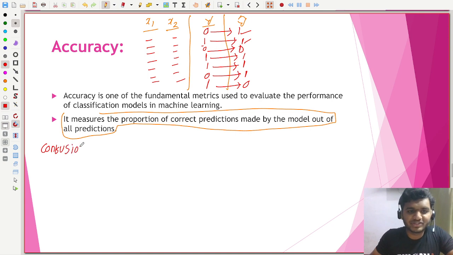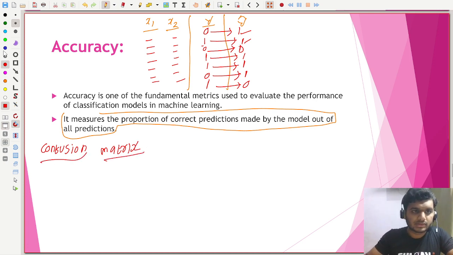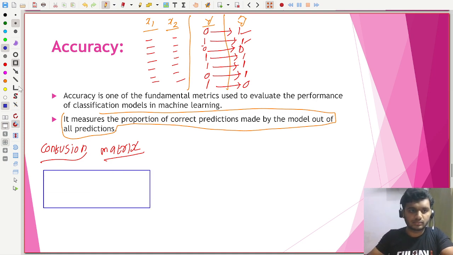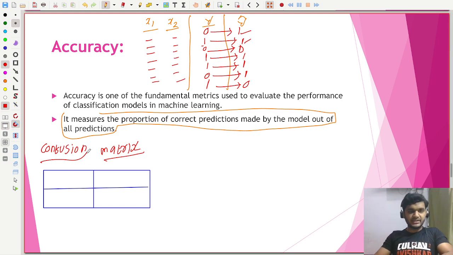It is very confusing also. The rows and columns are 1 and 0, where 1 means true and 0 means false.